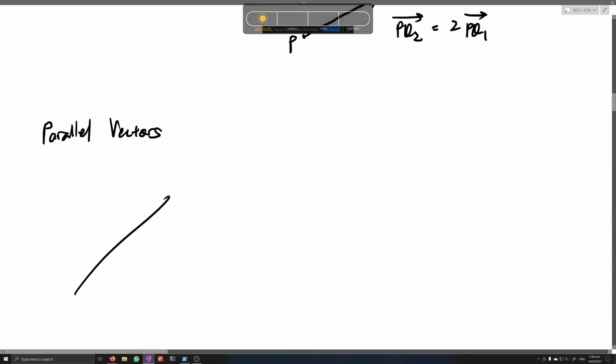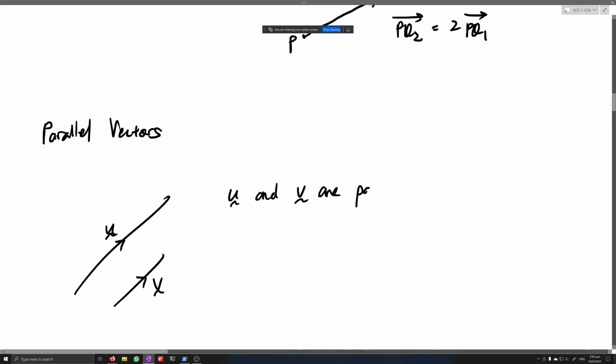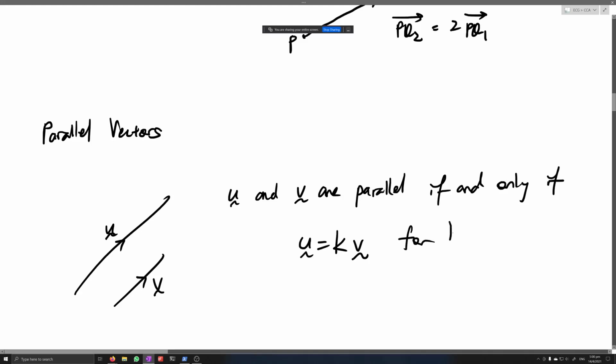If we have two vectors, u and v, with the tilde, of course, we say u and v are parallel if and only if u equals kv, for k a member of the real number set and k is not 0.